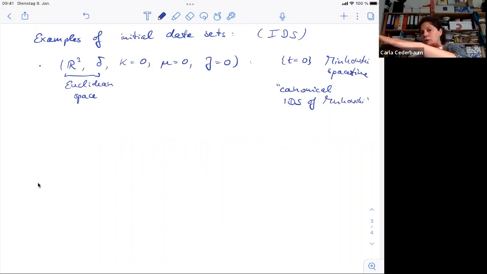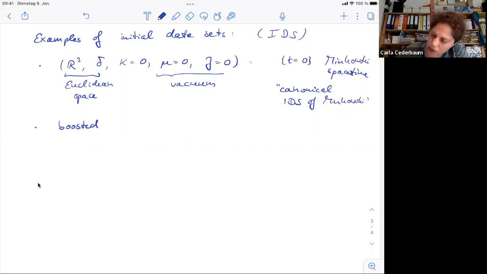So again, mu and J will also be 0. So this is an indication that we are in vacuum. Okay, so also boosted planes in Minkowski take this form.